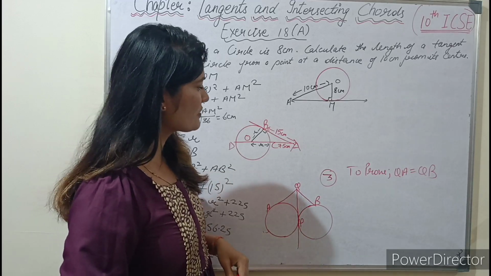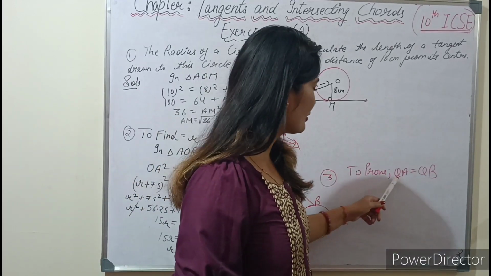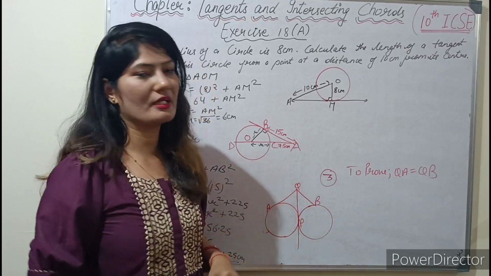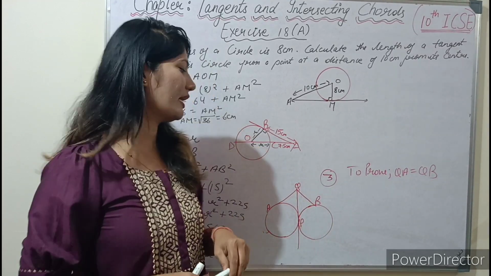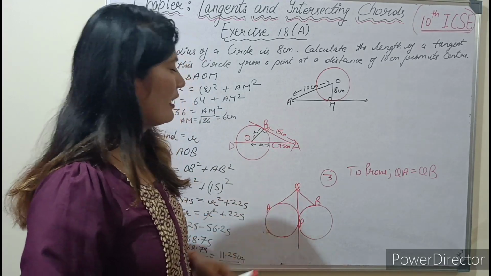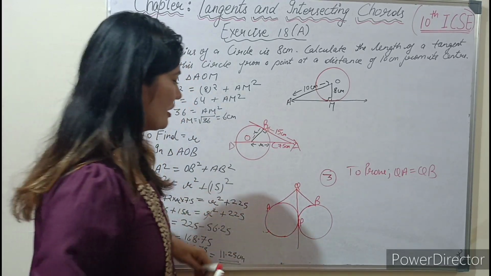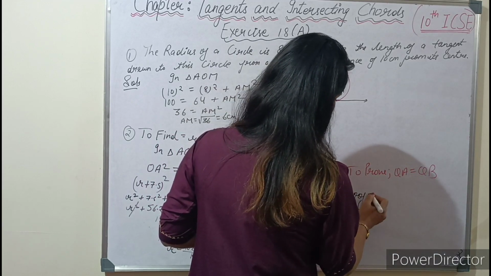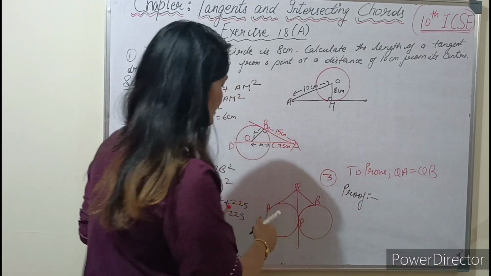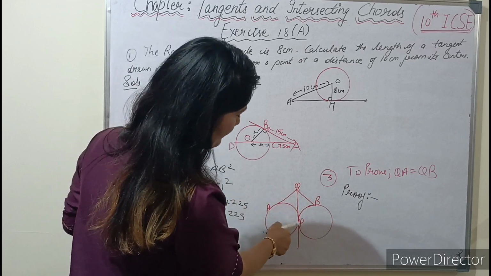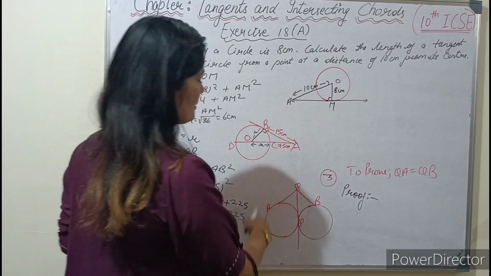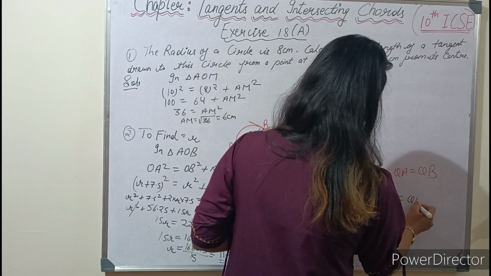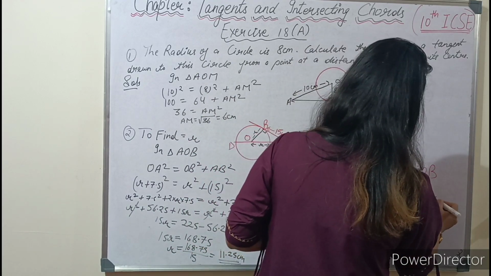So in this case we have to prove that tangent QA is equal to tangent QB. So now in this case from theorem 2 we can state that the tangents passing from an exterior point are always equal. So here we can prove it. So since QA and QP are the tangents of the first circle, so we can write here QA is equal to QP, and this is from the theorem.